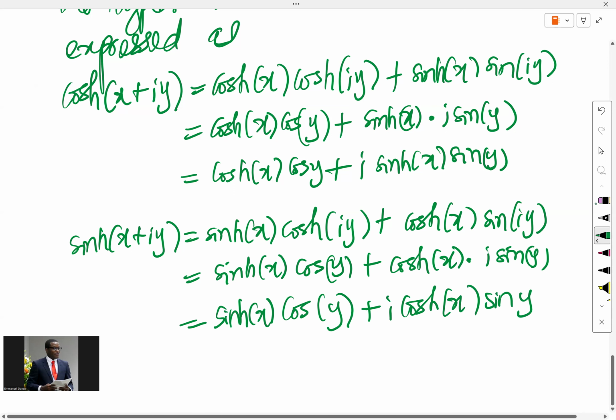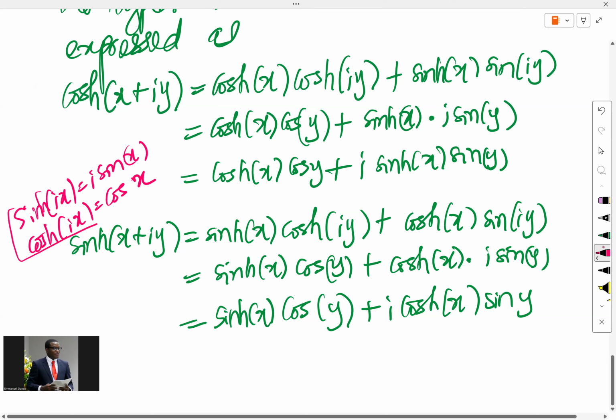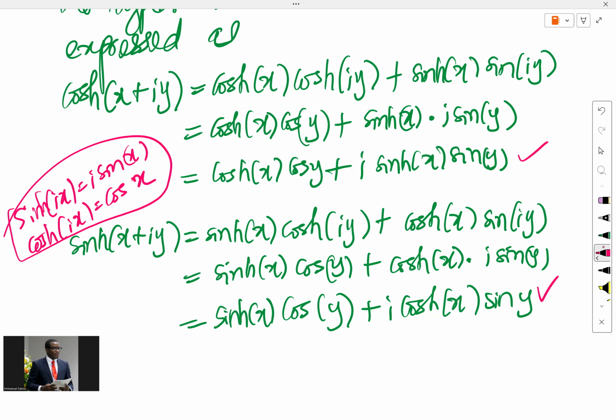That's coming from the simple fact that sin ix is simply i sin x, and then cos ix is directly cos x. So that's what has led to these two now. Okay, so we see sine, cos, and complex numbers coming together.